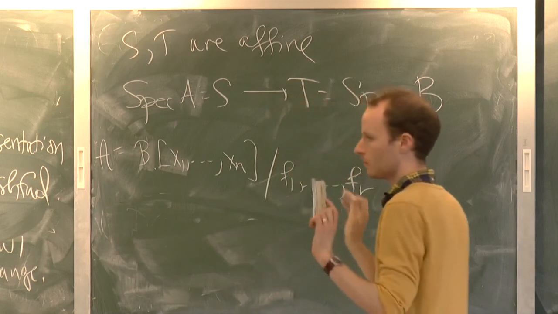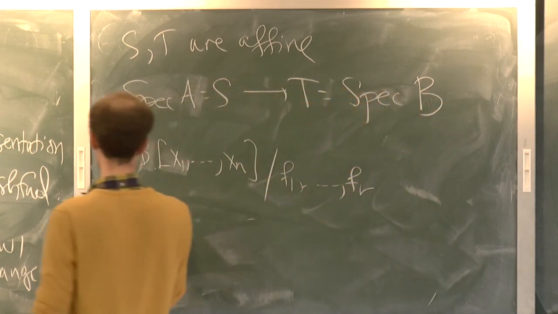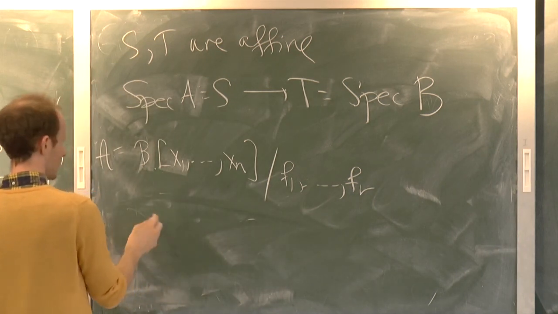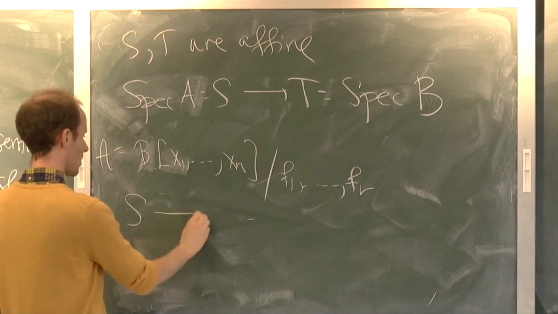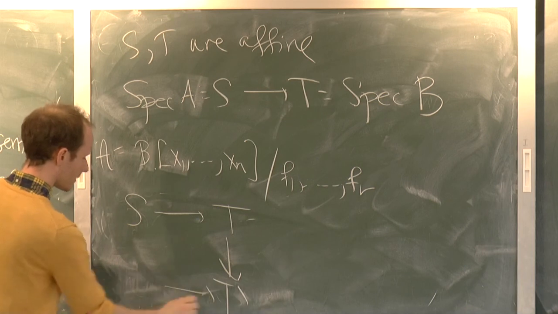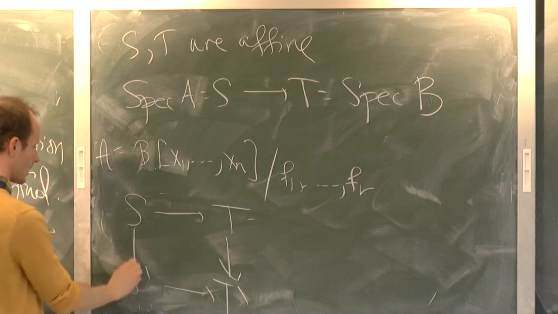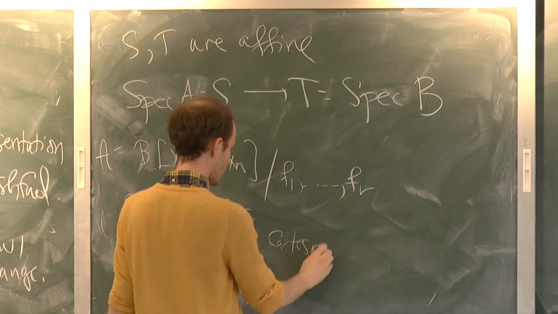Everything is classical. Because we're doing D-modules, I don't need to worry. So I can totally descend. What that says is that I can find finite type affine schemes like this, such that this diagram is Cartesian, and again, classically Cartesian.